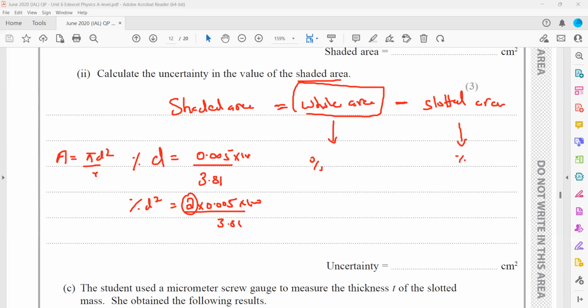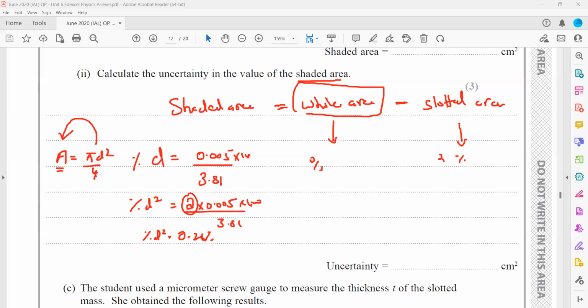The percentage uncertainty in d square is the same as the percentage uncertainty for the whole area, because the area is calculated by pi d square by 4. The 4 does not have any uncertainty, and pi does not either, they are constants. So when you calculate this, it gives the percentage uncertainty in d square, which equals 0.26%. For the slotted area, we calculated the percentage uncertainty as 2.4%.